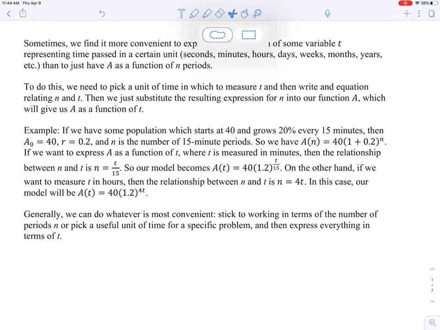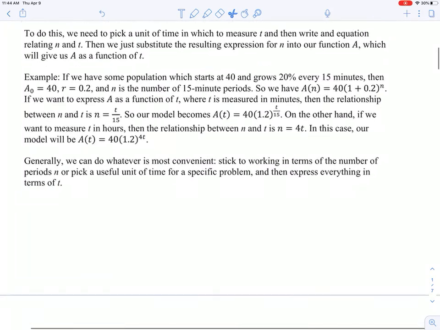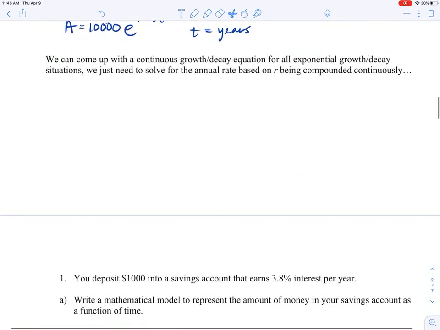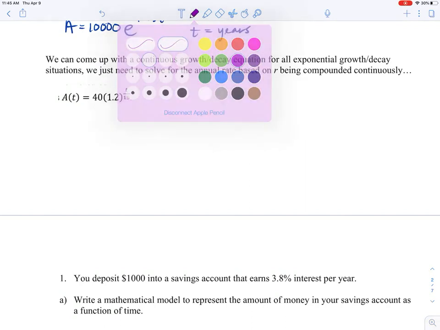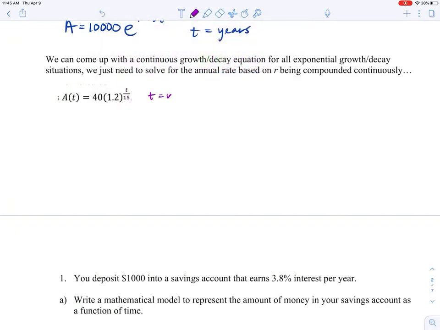So let's do something else. So let's go back to this example. And I'm going to take this equation, which represents a population that starts at 40 and grows 20% every 15 minutes. And the equation that I'm using has t in minutes.